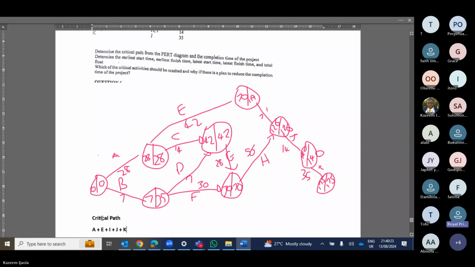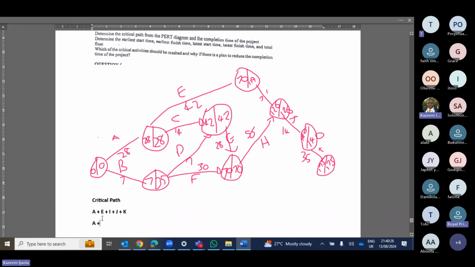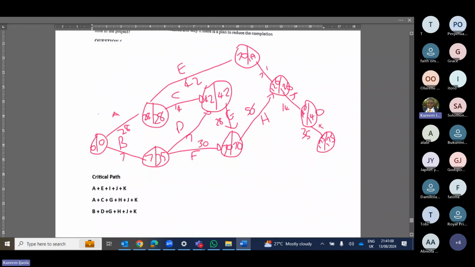If I'm not going through that, I can still go A, C, G, H, J, K. If I'm not going down, I want to go through B, D, G, H, J, K. Then there is one more route too: B, F, H, J, K.